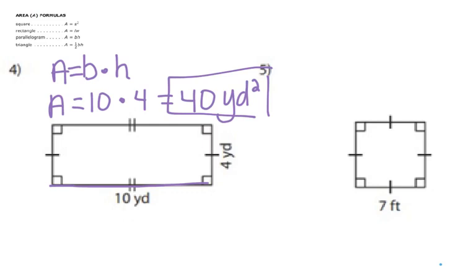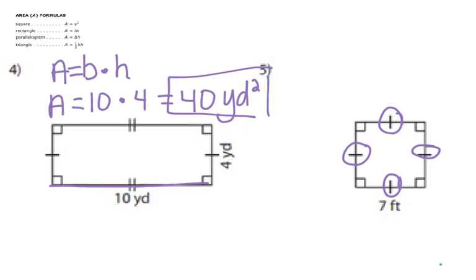So this next figure, for number 5, we notice that only one side is labeled. But if you look at the little tick marks that are on this figure, that is telling us that all 4 sides are congruent. So if all 4 sides are congruent, then we have a square.